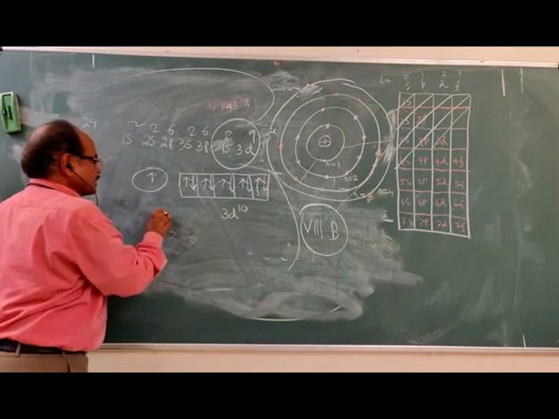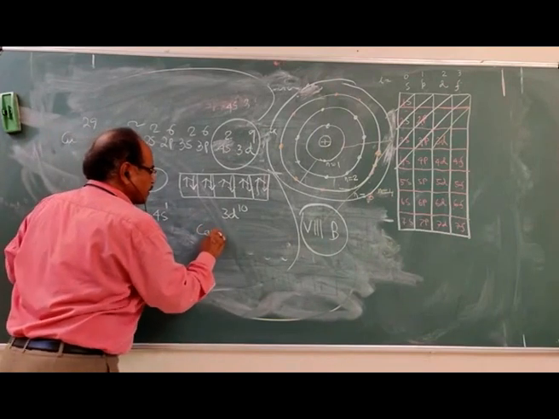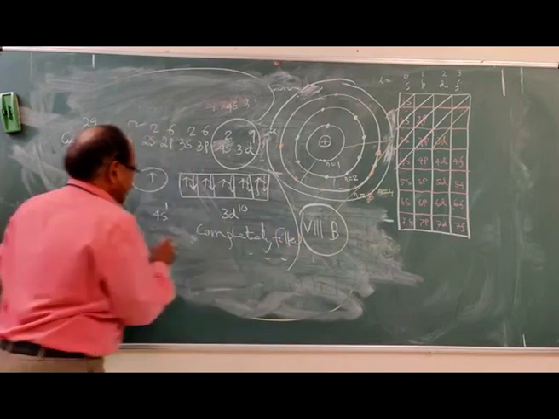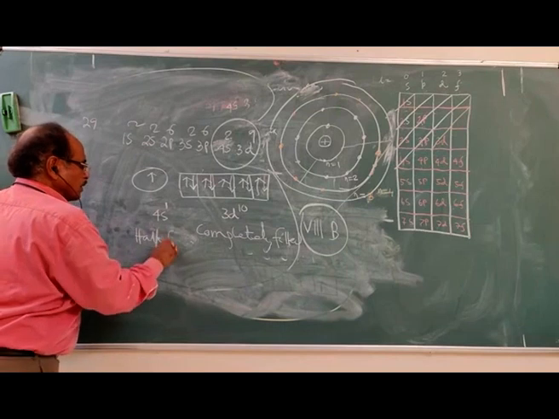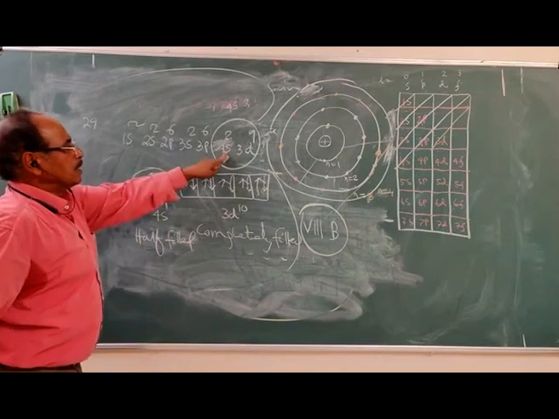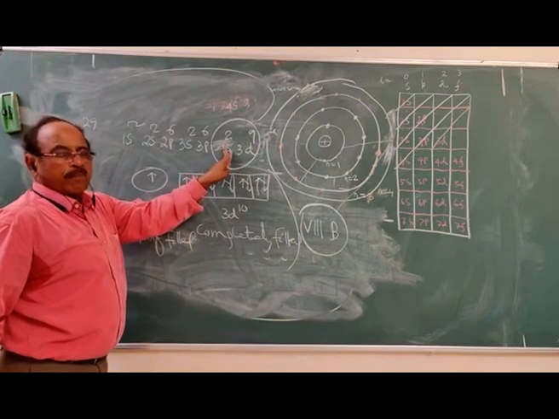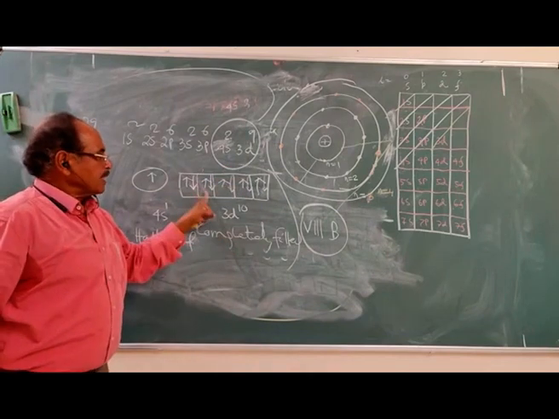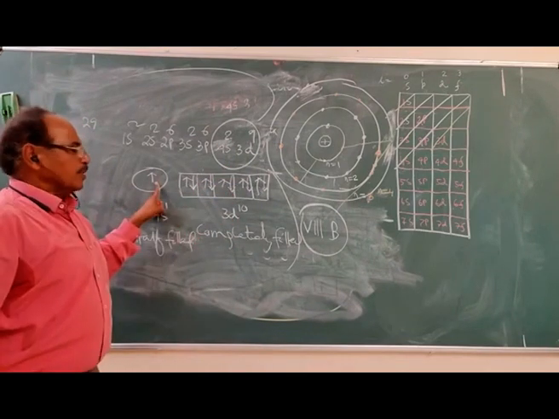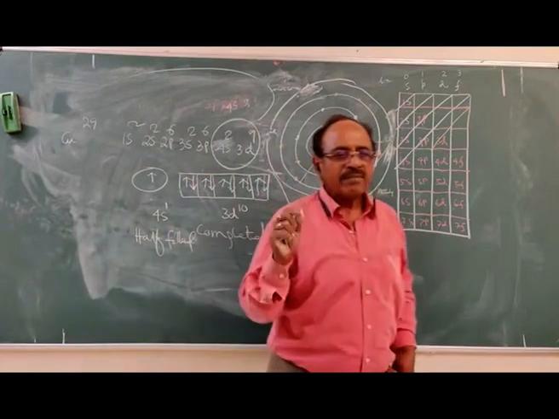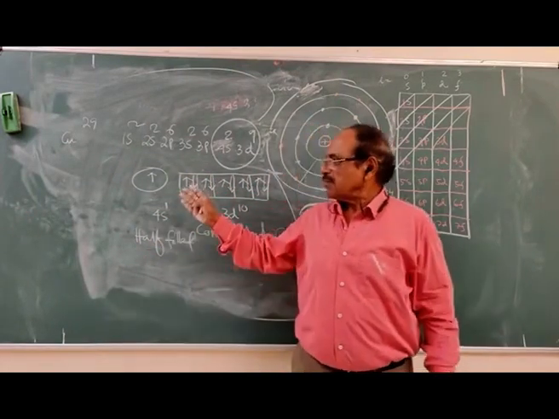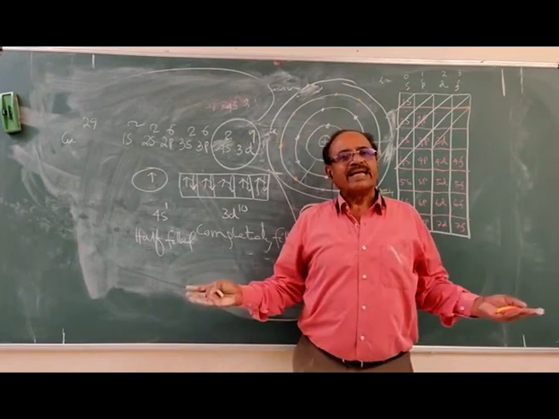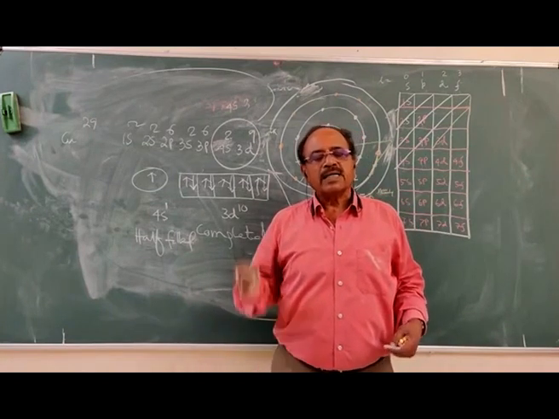3d10 4s1. So this is completely filled, and this is half filled. We have discussed in Hund's rule that the half-filled and completely filled orbital configurations are stable.